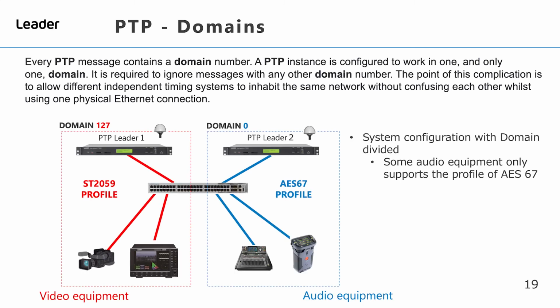The point of this complication is to allow different independent timing systems to inhabit the same network without confusing each other, whilst using one physical Ethernet connection. In the example being displayed, the system is configured with the domain divided. Some audio equipment only supports the profile of AES67.